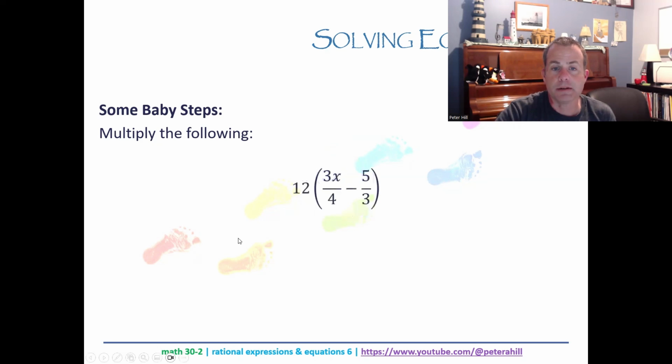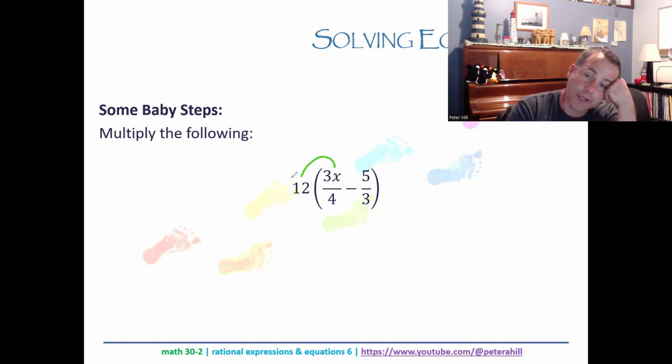Next one up. 12 times 3x over 4 minus 5 over 3. Again, it's still the distributive law, so it's still going to go 12 times this. You can go 12 times 3 divided by 4, which you can totally do in a calculator, but I'm actually going to go the other way. It doesn't matter. I'm going to go 12 divided by 4 first, because it's just going to make my number smaller.